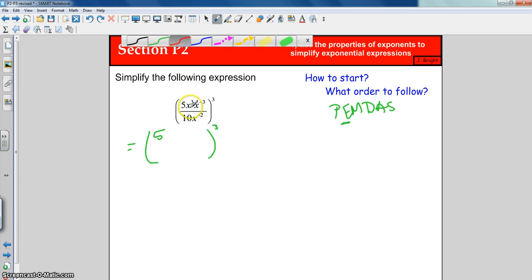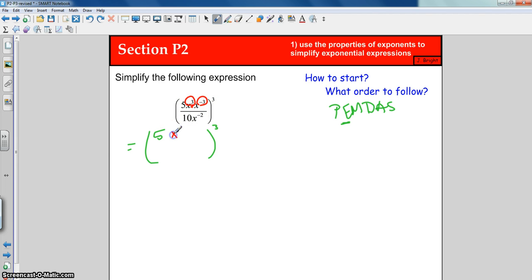But now when I come to the x's, I have those two there. And they're both in the numerator, so if I just look at the numerator, all I have to do is add the exponents, because we have exponential expressions of the same base, so I add their exponents.